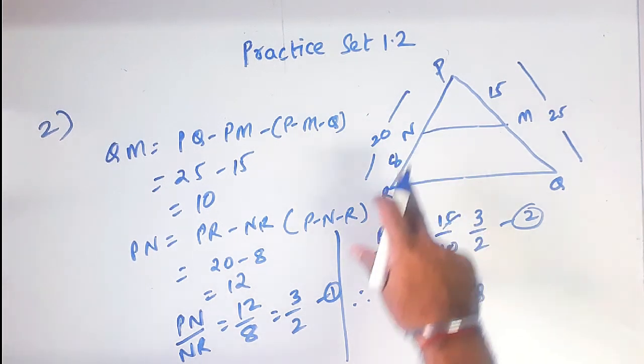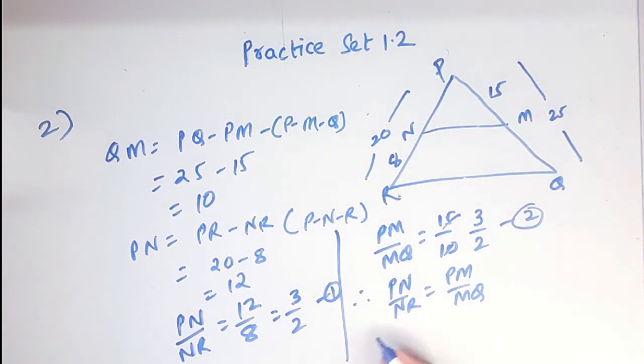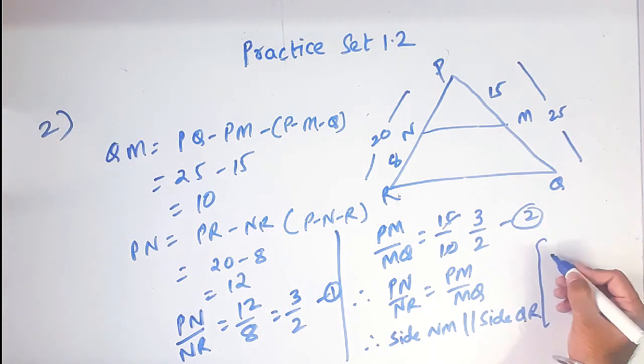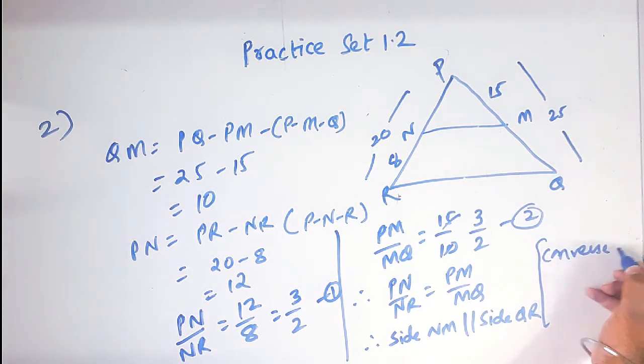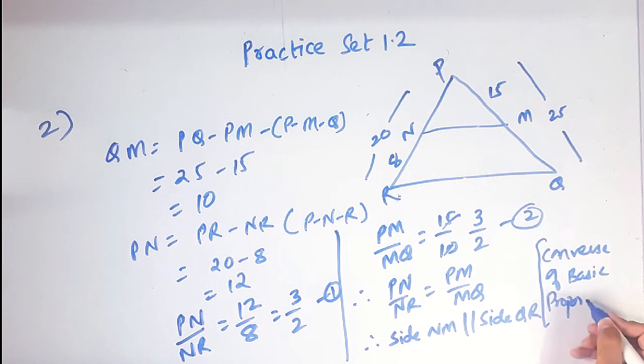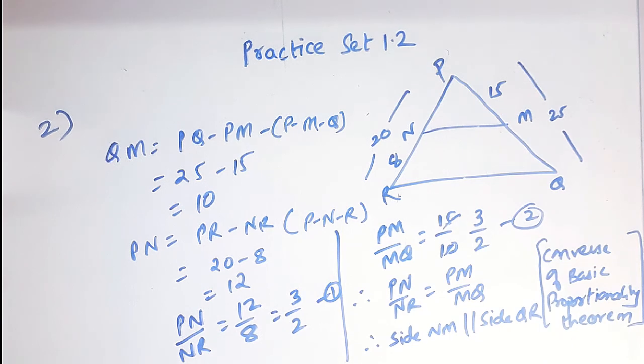Now because they are equal, the intercepts are equal, I can write therefore side NM is parallel to side QR. Okay, now what is the reason? Converse of basic proportionality theorem. Okay, this is the reason, converse of basic proportionality theorem.